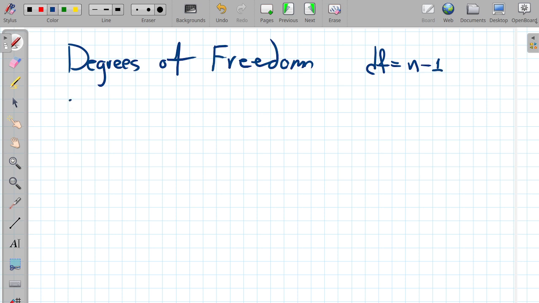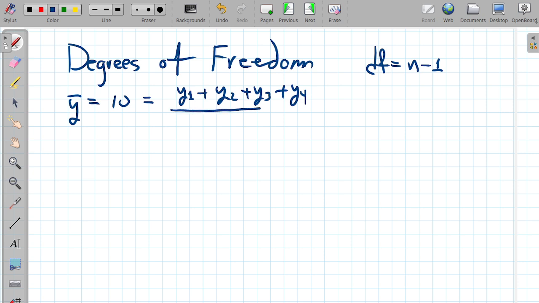Now, let's say I know that y bar is equal to 10, and that 10 is the sum of 4 observations, y1, y2, y sub 3, y sub 4, and of course we have to divide by 4. Now, degrees of freedom is going to be 3.